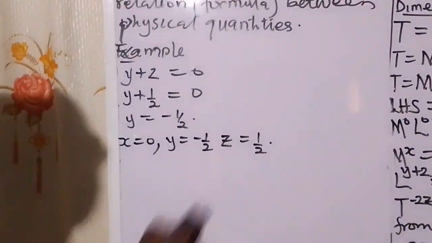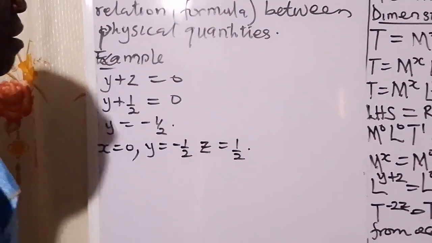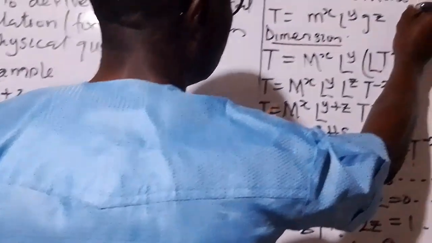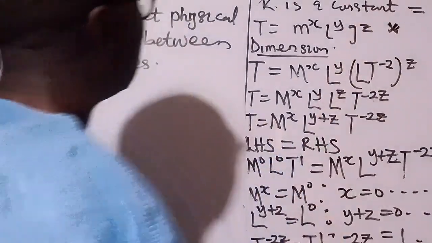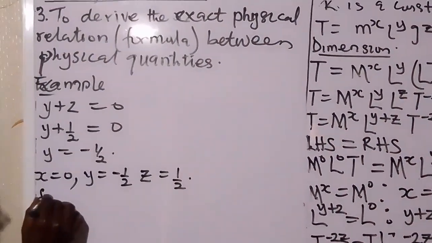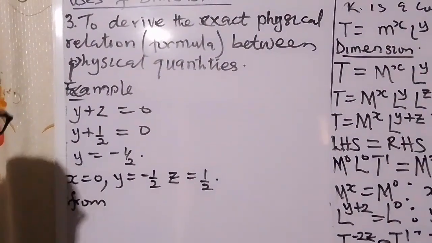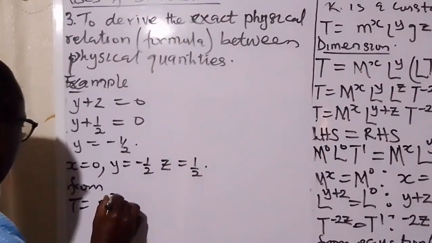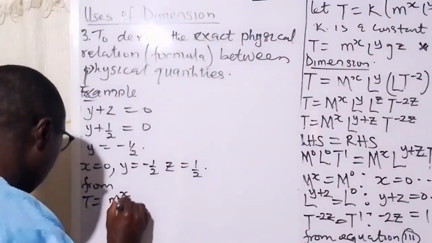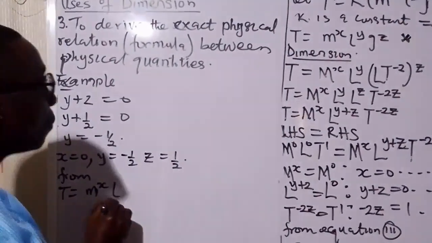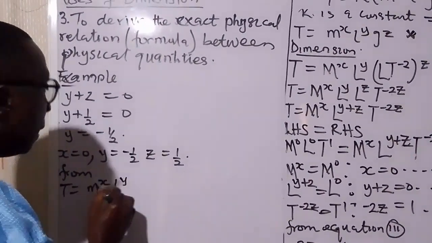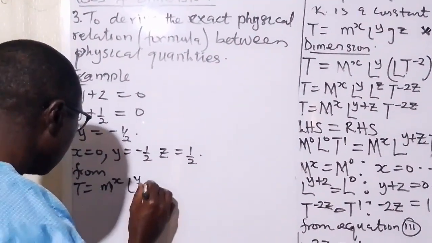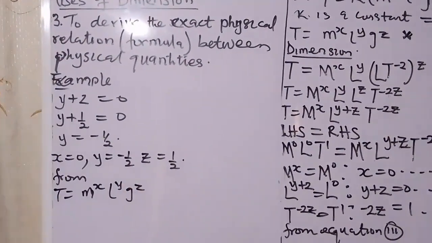Now go back to what we have been doing. Come back here. You now say from t is equal to m raised to power x, l raised to power y, and g raised to power z.